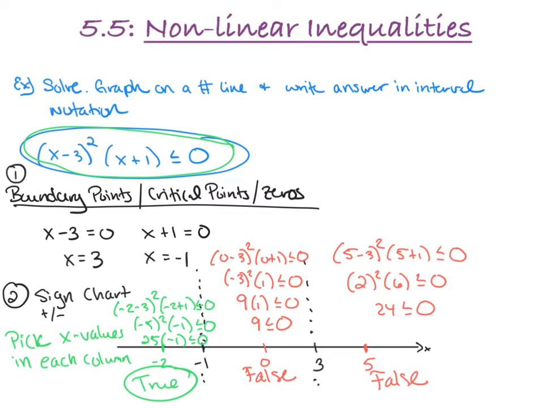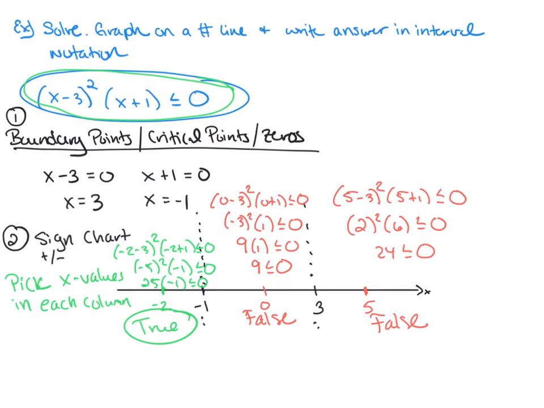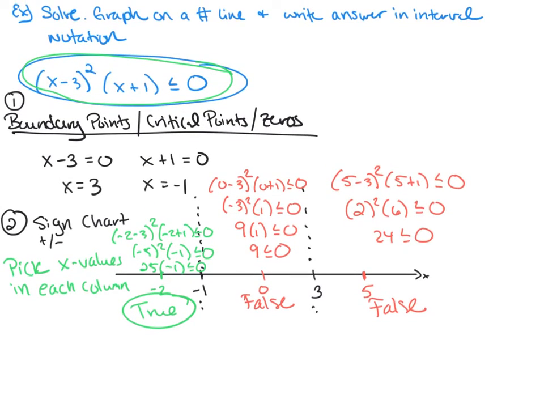When we're writing our answer for these, we always want to include, let me scooch this up, just the true column or columns. So our solution is any true columns. And for this problem, that would be just our column on the far left.